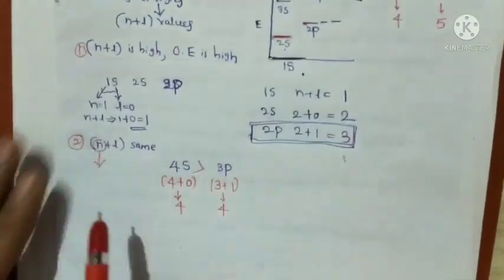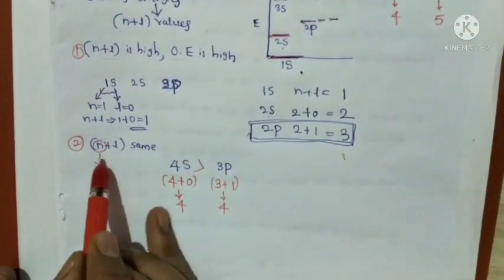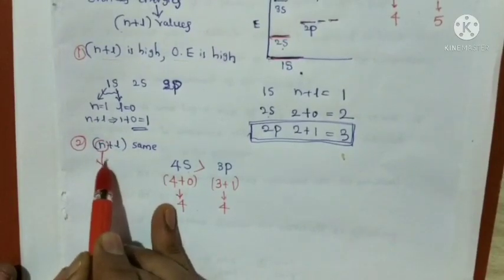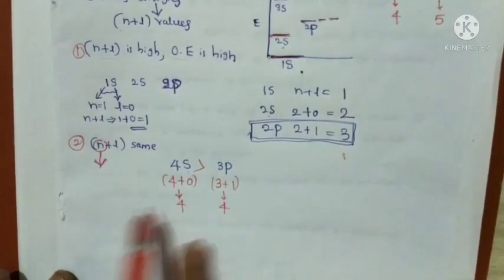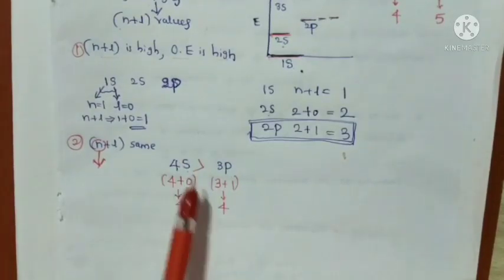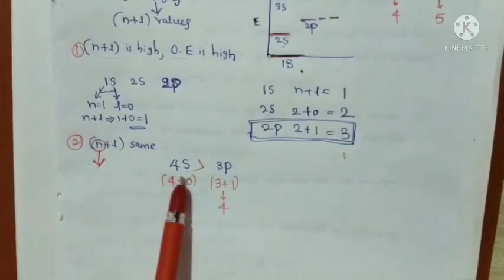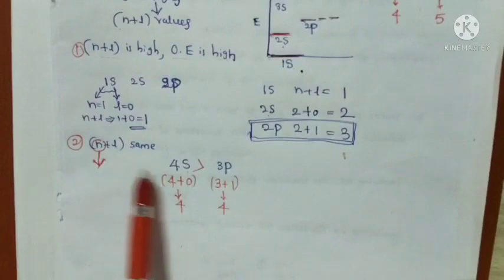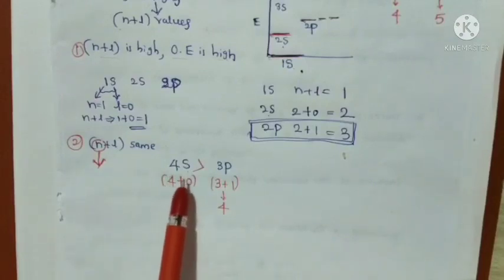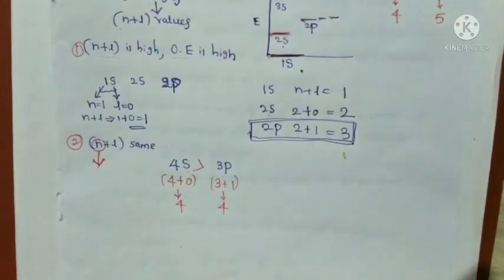And second, if the n plus L values are the same, the orbital with the higher principal quantum number has higher energy. Comparing 4s and 3p, 4s is higher. Both orbitals have the same n plus L value, but because the principal quantum number of 4s is higher, the 4s orbital has higher energy than the 3p orbitals.